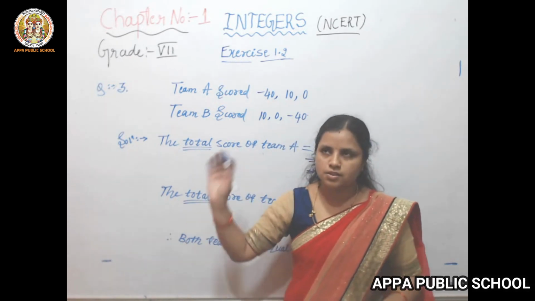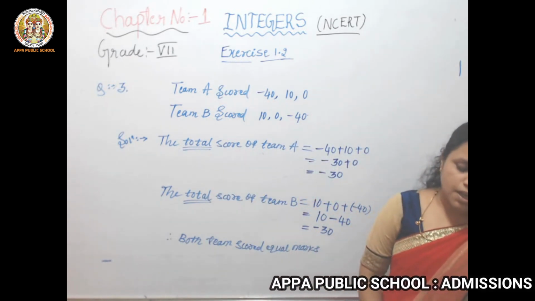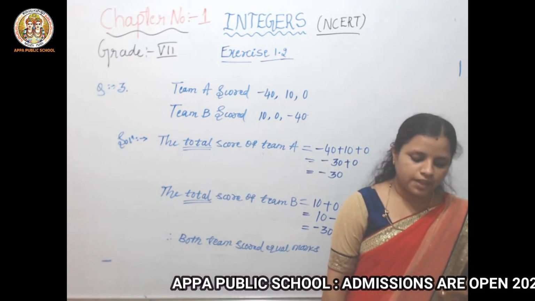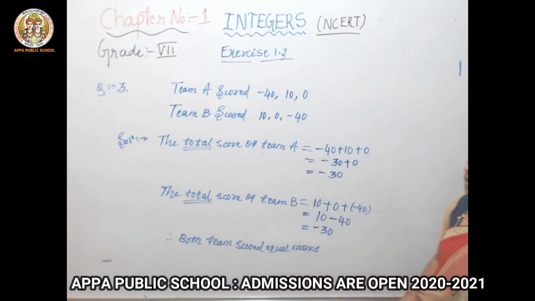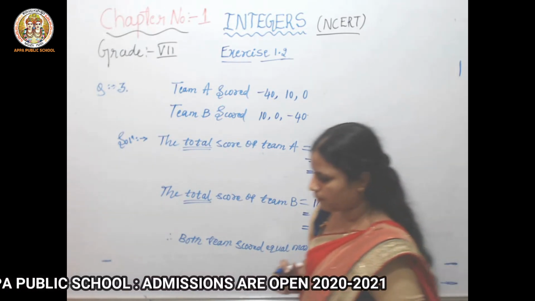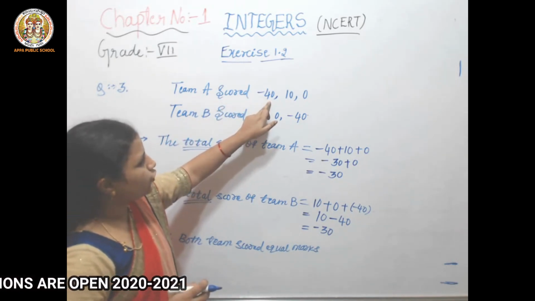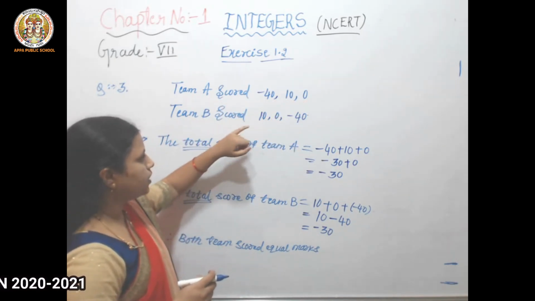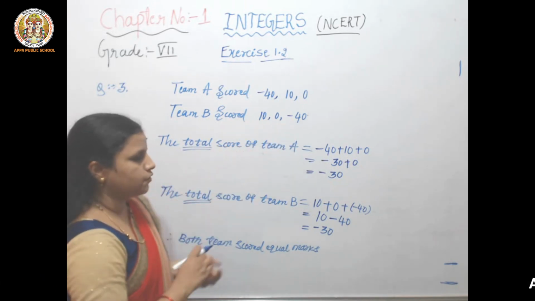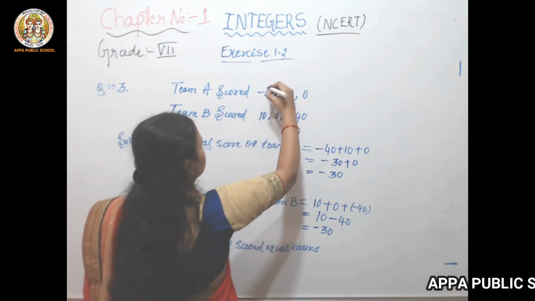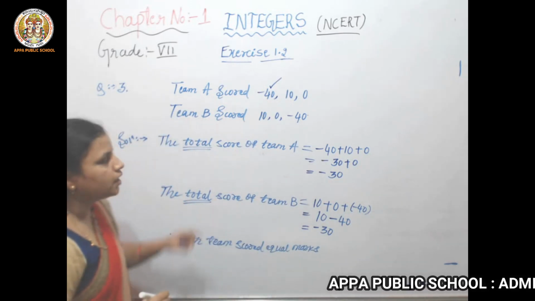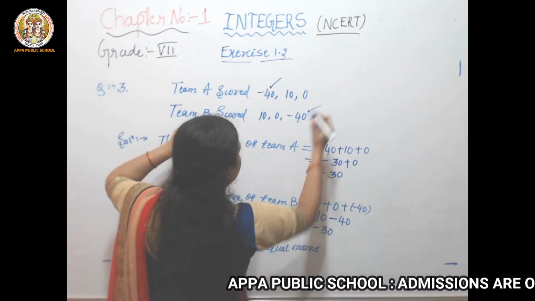Again here in this question we are having one more question: can we say that we can add integers in any order? See, Team A scored minus 40, 10, 0. Team B scored 10, 0, minus 40. In Team A we are having minus 40, in Team B also we are having minus 40.